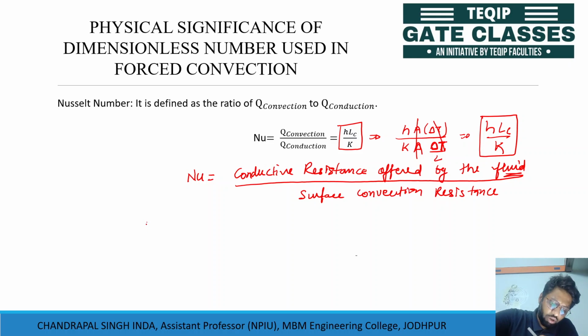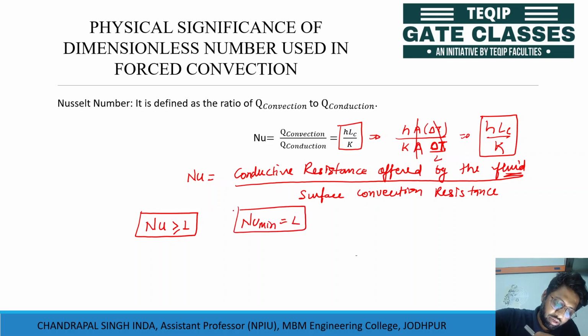The minimum value of the Nusselt number is 1. So if there is convection, the value of Nusselt number will always be greater than 1. If the value of Nusselt number is equal to 1, which is the minimum value, then there is still only conduction.